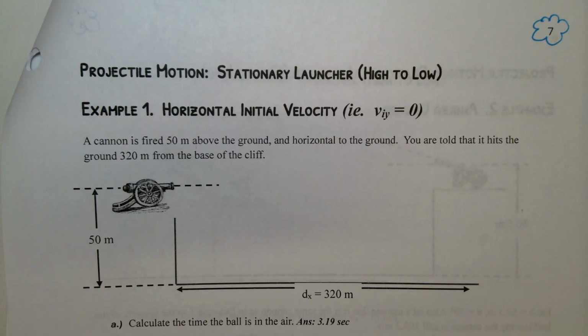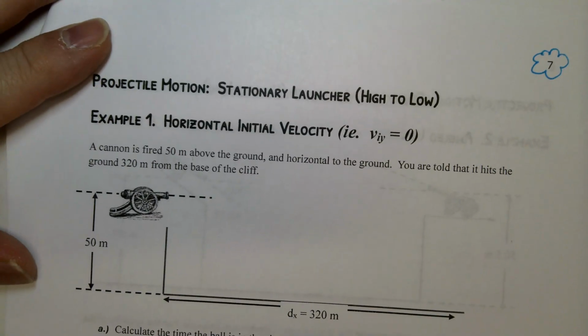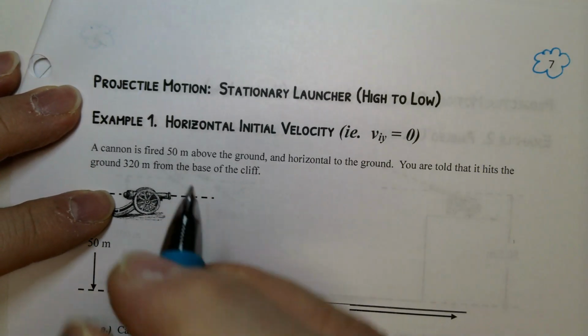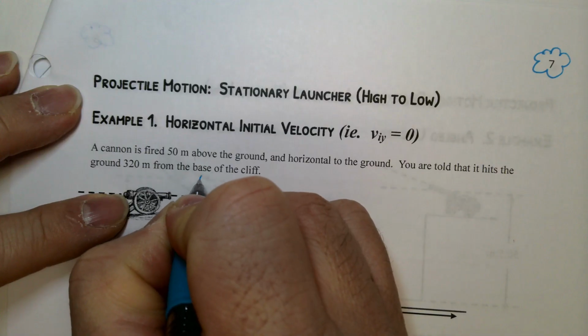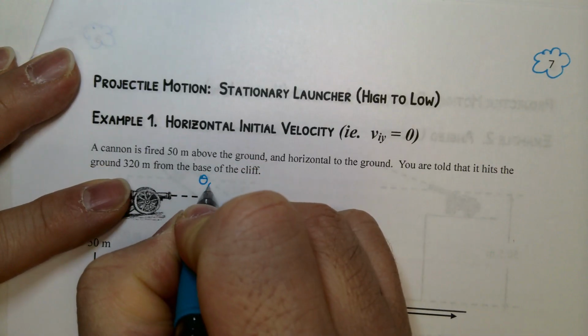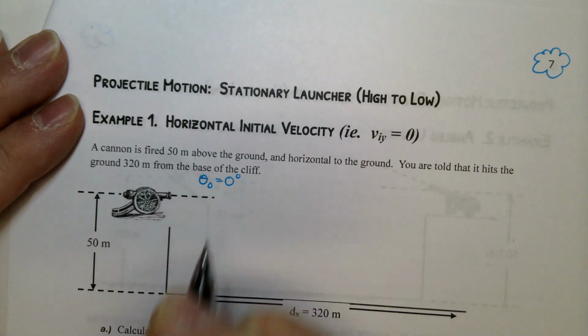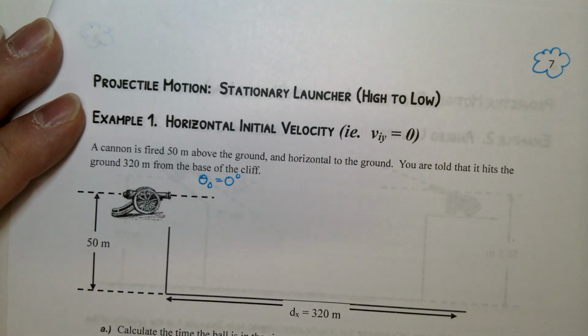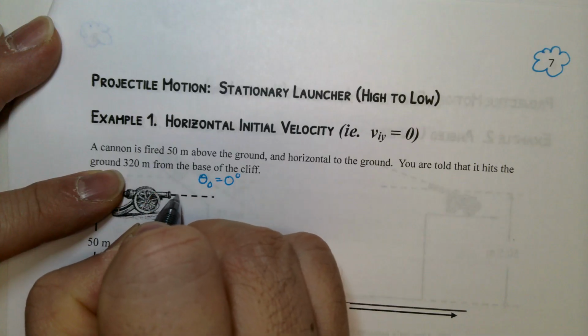So projectile motion, stationary launcher, right? From high altitude to low. So here's example 1, horizontal initial velocity. So we're shooting this at 0 degrees. So here my theta naught is 0 degrees. Okay? I am looking for V naught.